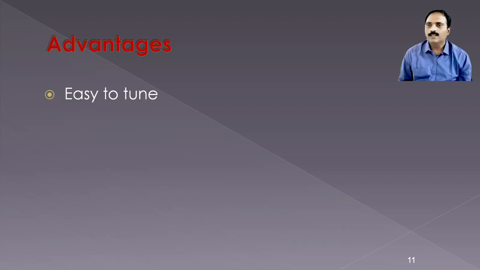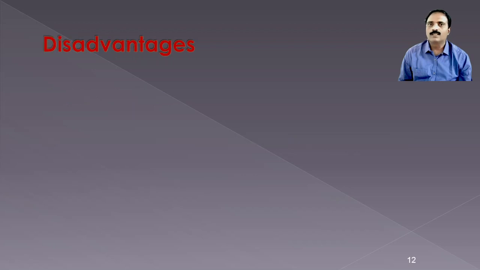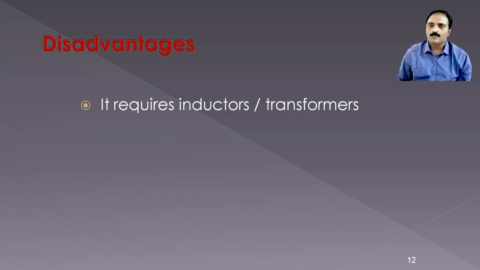If you go for the advantages, it is very easy to tune, and adaptable to a wide range of frequencies. Output frequency will be high. And if you go for the disadvantages, obviously we are going for a number of components, inductors and capacitors, so that it is a little bit expensive. The cost will be somewhat more.